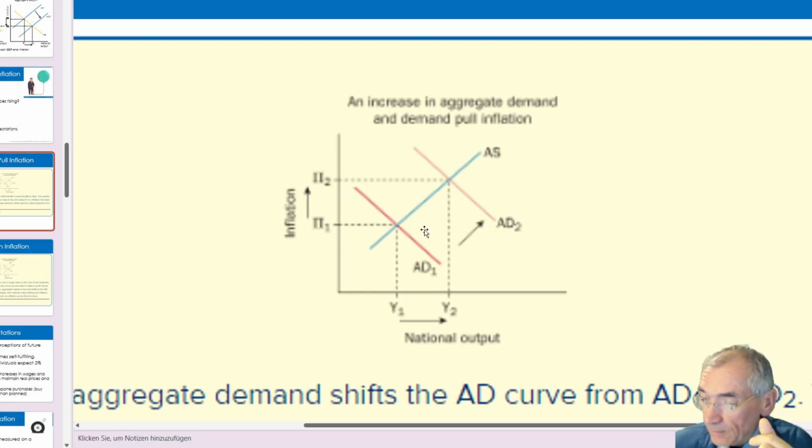We call this demand pull because it was the demand that pulled on the market, that increased the demand, and that led to not only a higher national output, but also inflation.